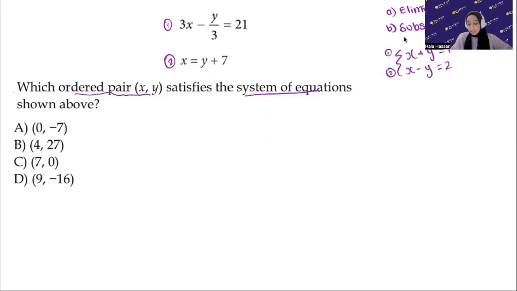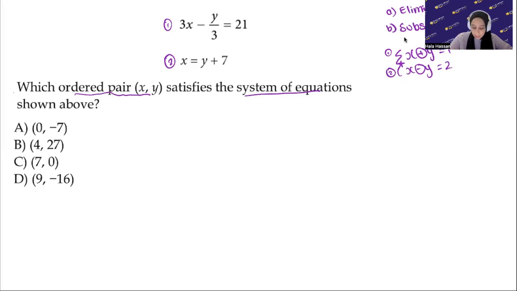If I were to use elimination, we basically want to get rid of one of the variables. I'm going to add these two equations because one has positive y and the other has negative y, so the y goes away. That's why elimination can be really useful: it's a quick way to get rid of a variable and solve for the other one.